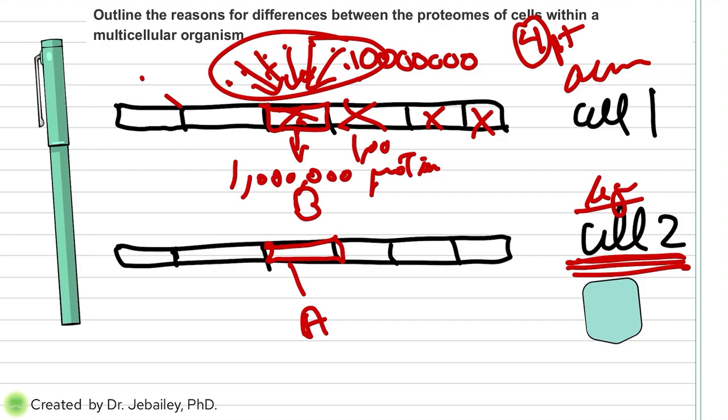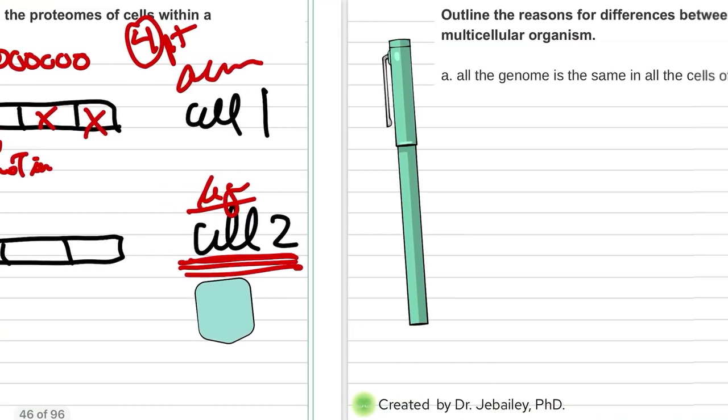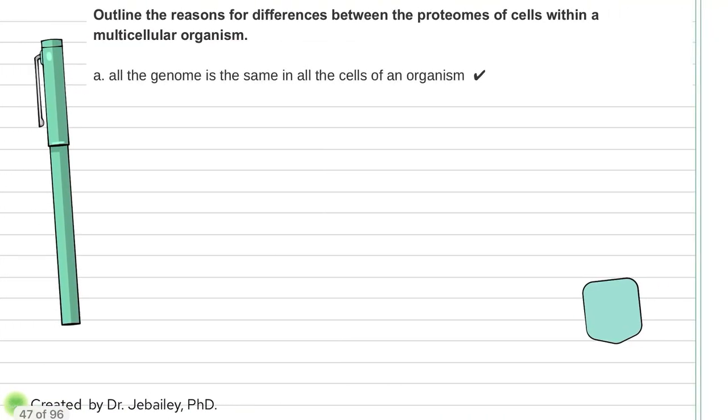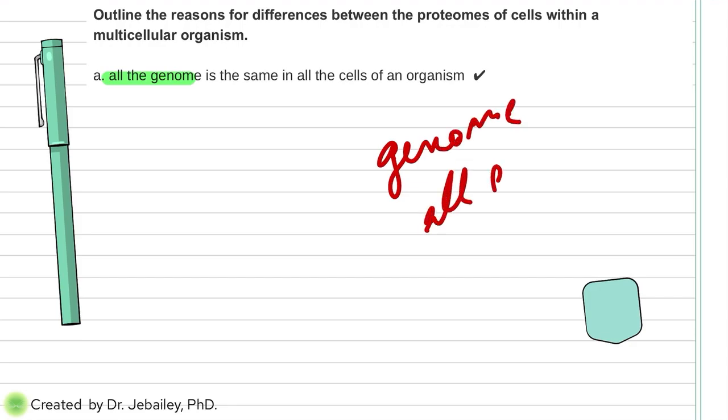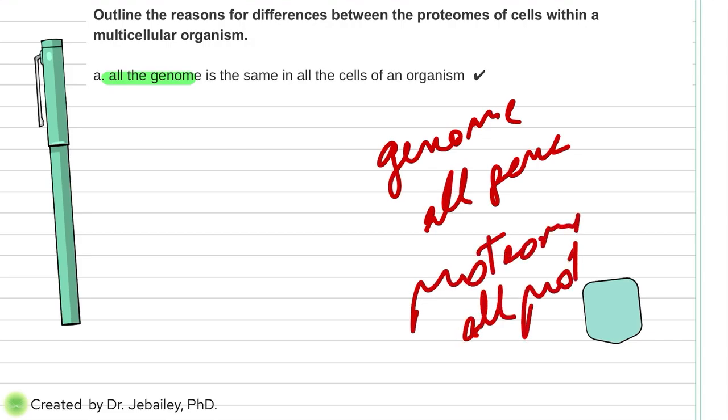So let's look at what the markscheme will say about this. The first thing it says right here is that all the genome, and when I say the word genome here, it means all the genes, just like proteome means all the proteins. So you kind of already get it. Here it says all the genome is the same in all cells of the organism.